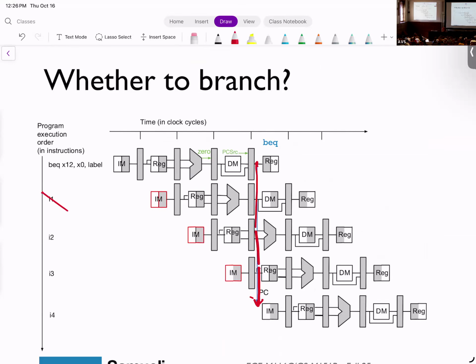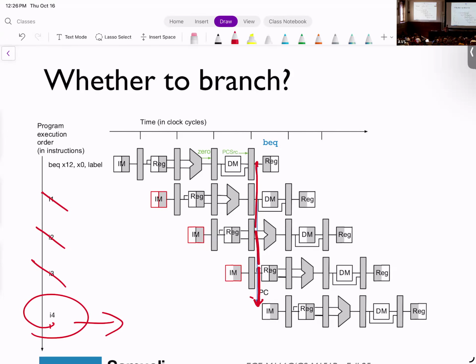In this cycle I cannot fetch anything, in this cycle I cannot fetch anything, and in this cycle I cannot fetch anything. I can start fetching starting here. This is regardless of whether your branch is taken or not taken, because you don't know until you actually check the condition. So whenever you see a branch, you stall for 3 cycles. Either you read the next instruction here, or you take the branch and do PC plus offset.